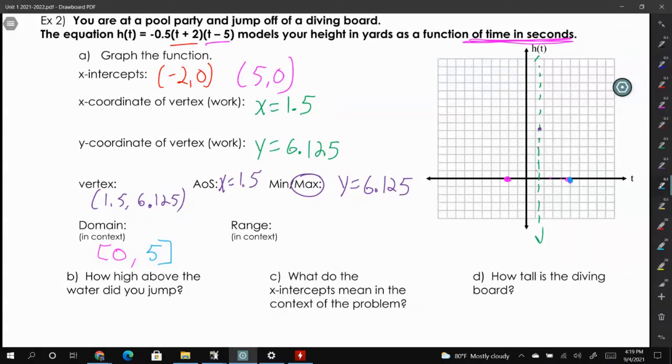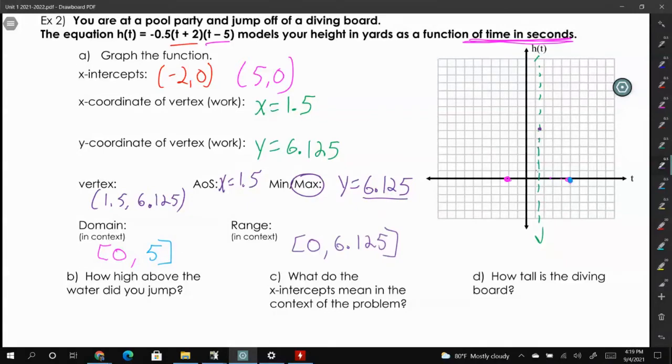The range in context, well, we eventually hit the water and our height is 0. And we reached a maximum height of 6.125 feet. So the range, when it comes to the height above the water, we have 0 all the way to 6.125 yards in the air.